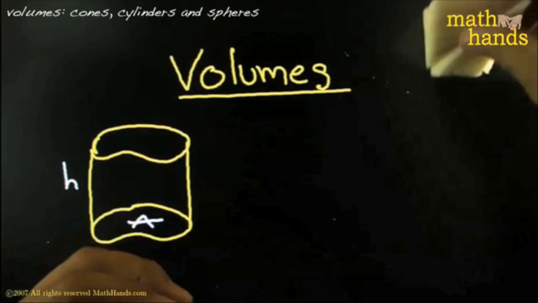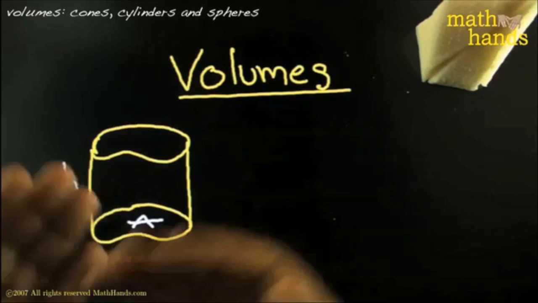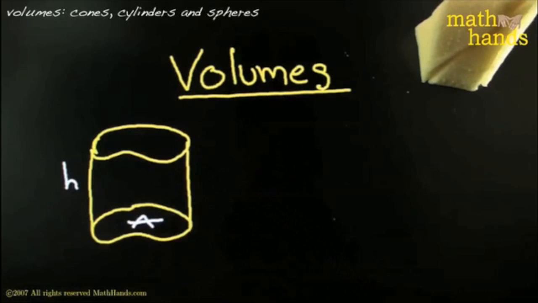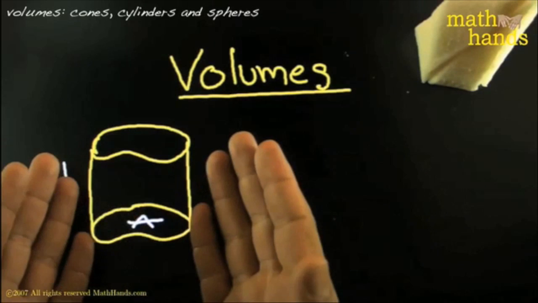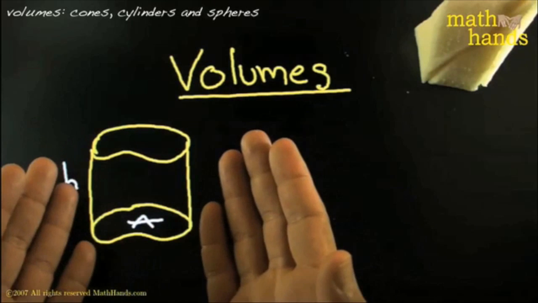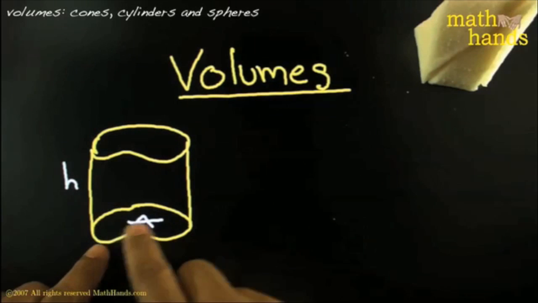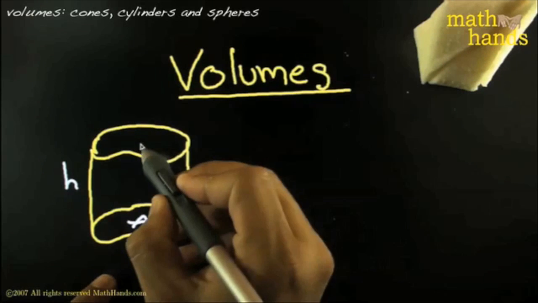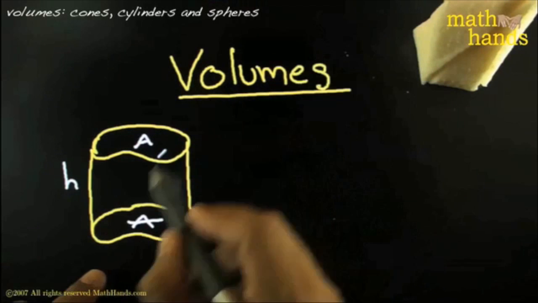Anyways, we'll leave that aside for a while. Today we're doing volumes, and the first principle that I wanted to talk about was this idea of, first of all, defining a volume. The way we will define a volume, we will define it for cylindrical shapes. That's shapes that have some sort of area on the bottom and exactly the same area on the top, and exactly the same area on the cross sections.